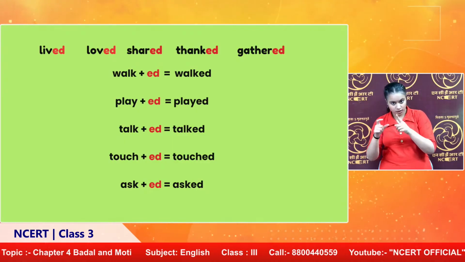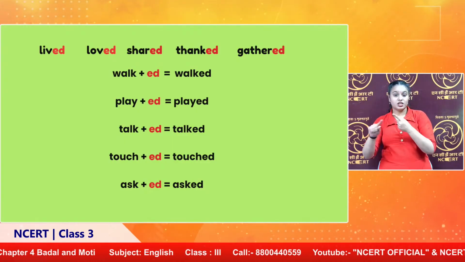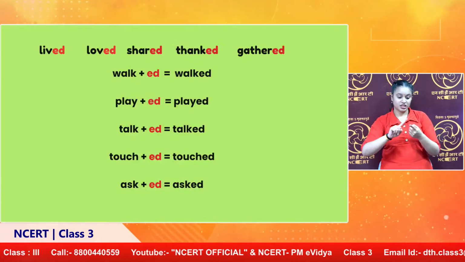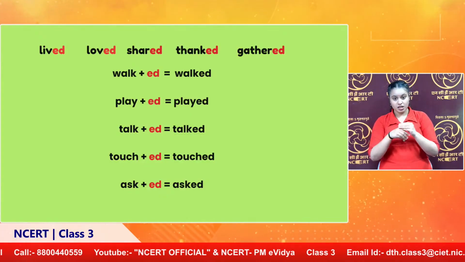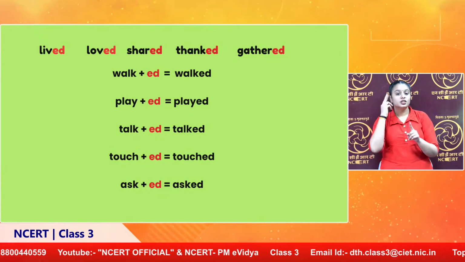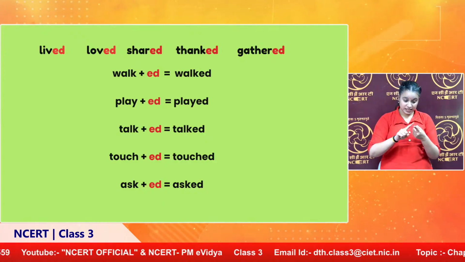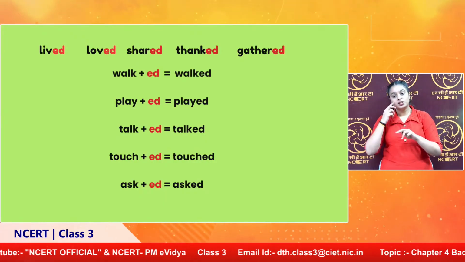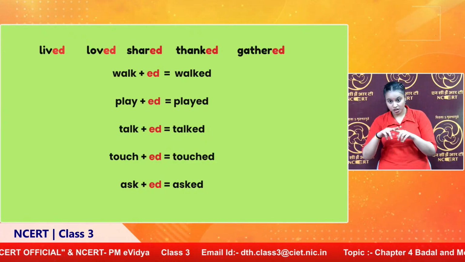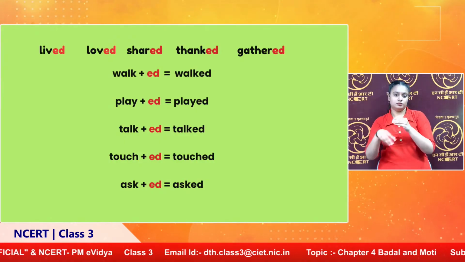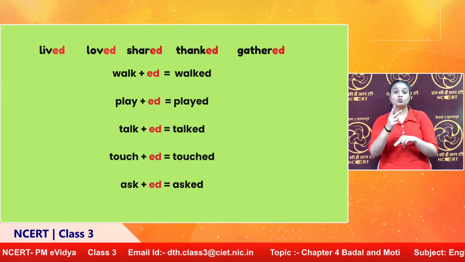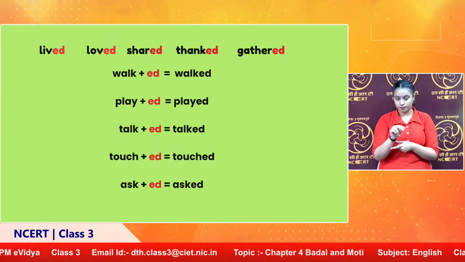And studied. But studied has something else that I will tell you, because it has IED, and how you have done that, I'll also tell you. Here, if you see, lived is LIVE-D. I have added only D to it, because live already has E. So you have to make sure that where the word is ending with E, you have to just add D. You will not add ED, otherwise it will become 2 E's there, and the pronunciation and the spelling will also go wrong.